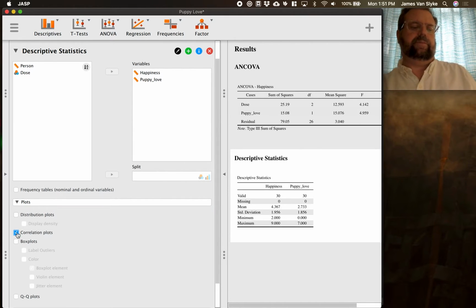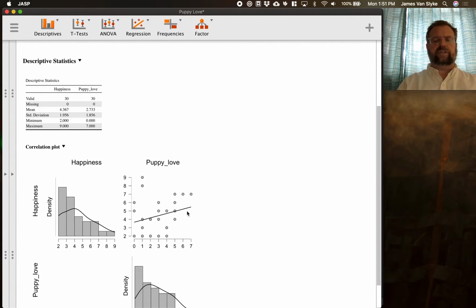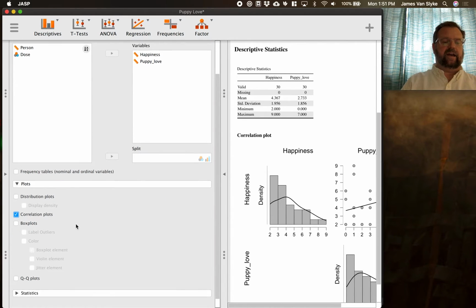Notice here how we do have a relationship between these two, that as one increases, so does the other. As puppy love increases, so does the amount of happiness that someone received from engaging in those particular therapies. So we can see that there's a relationship here, and that this covariate is obviously having some type of an effect.